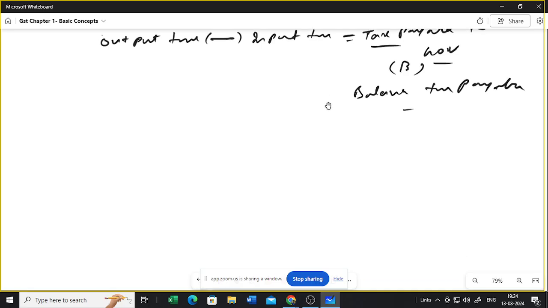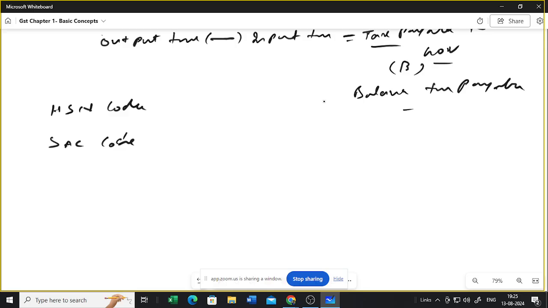Next, we have the HSN code and the SAC code. What is this HSN code and what is this SAC code? The government has identified tax rates for a lot of products, and those products have been categorized in a particular way.